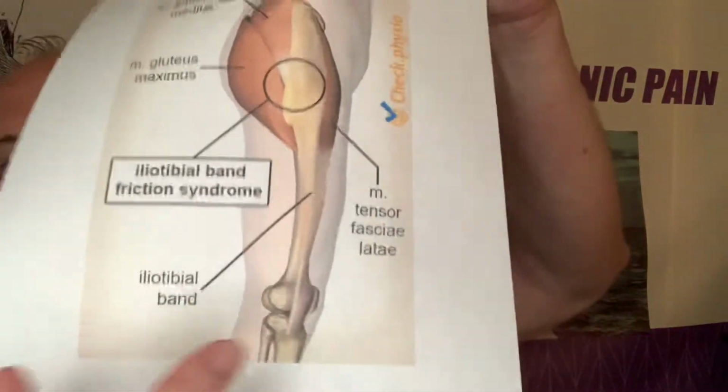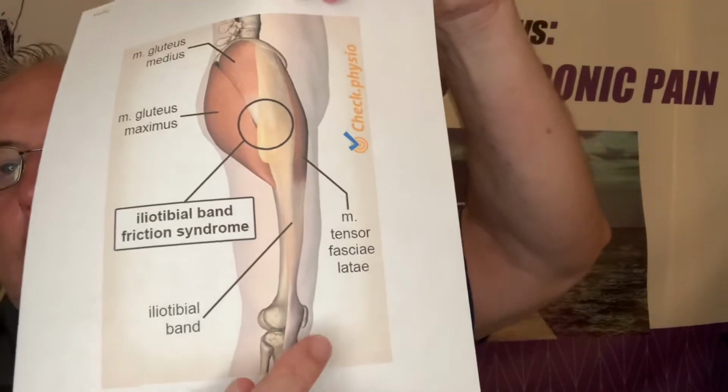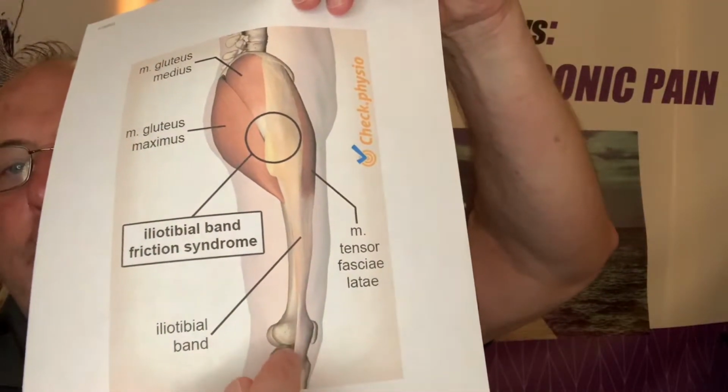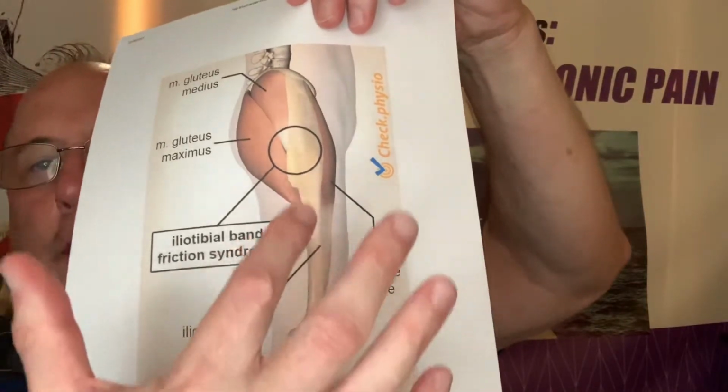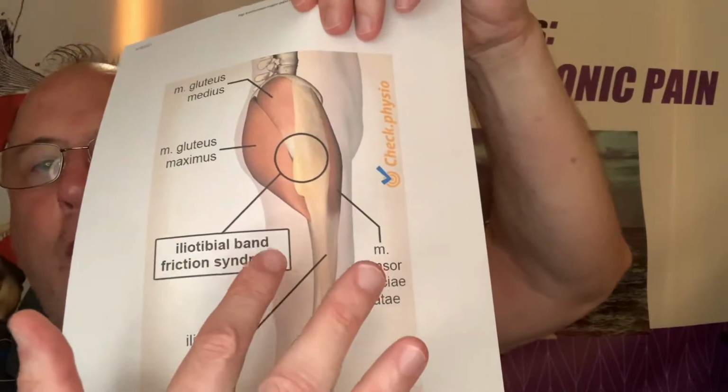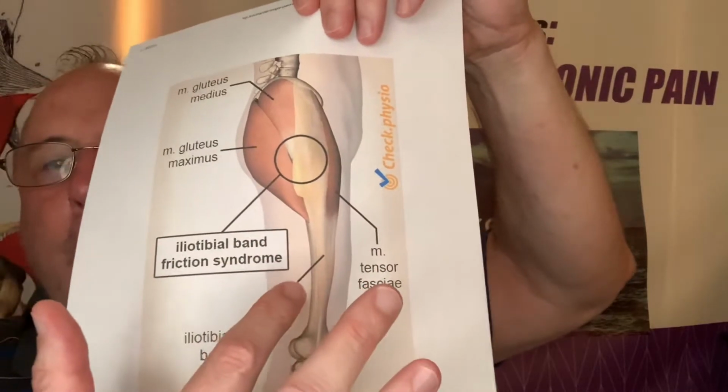What you want to understand if you look at this picture is that, it's not the greatest picture, but it's actually going to show you that this is an attachment to the backside of the kneecap. So the iliotibial band falls in line with the hamstring, the posterior thigh muscle, as a knee flexor. It actually bends the knee.